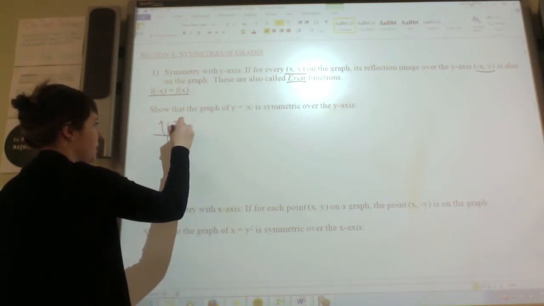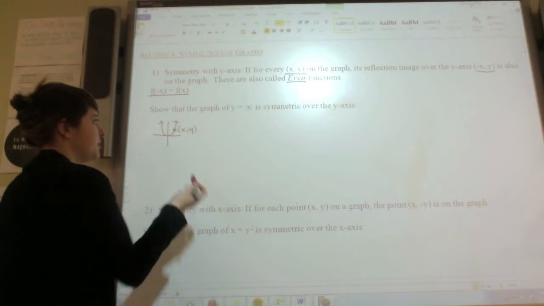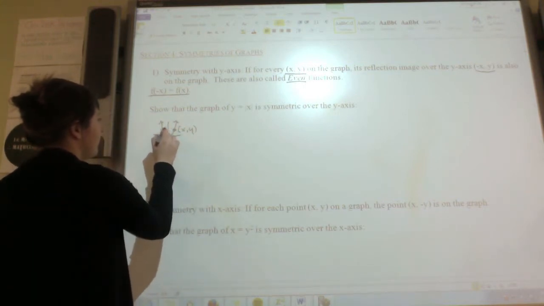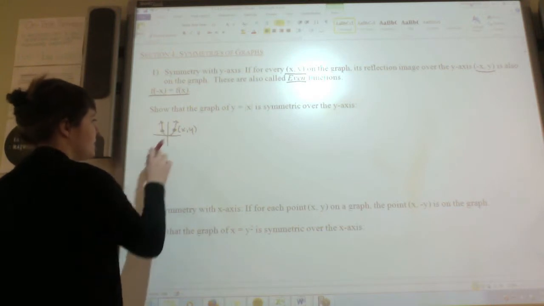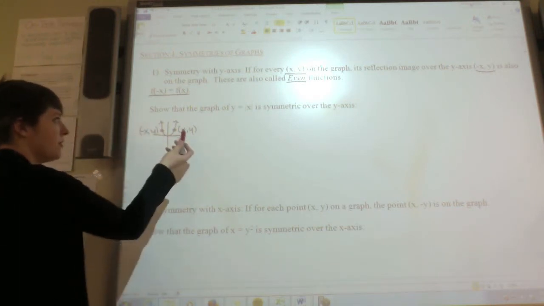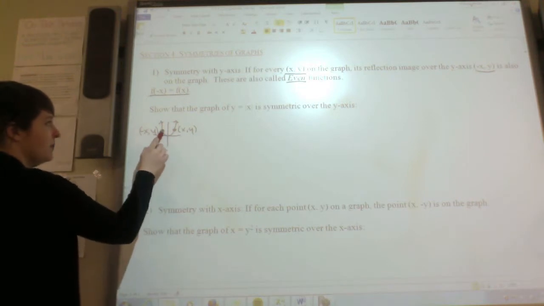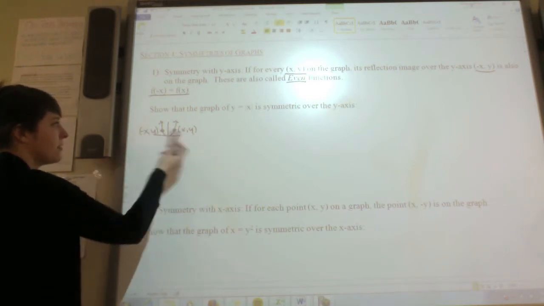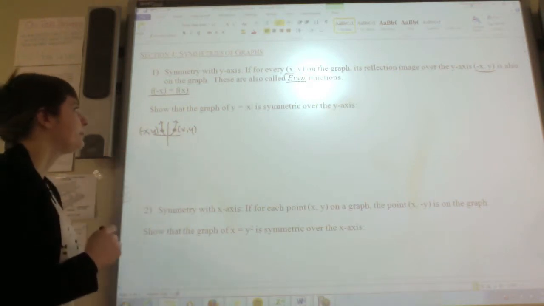If I have this point here as x, y, which could be 1, 1, then if I reflect that, I also get the point negative x, y. Notice that as I reflect that, this x value is the same thing, but it's negative, and my y value is the exact same. So that's how I know that those 2 points are on the graph.